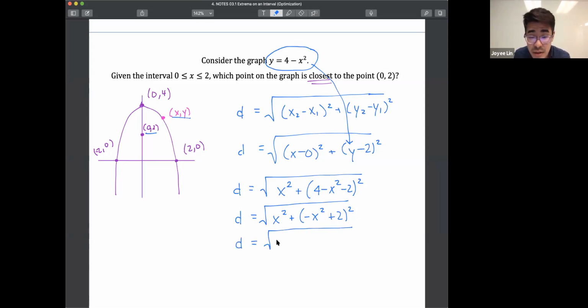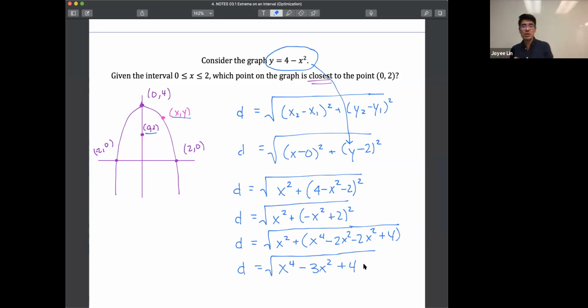And then this is x to the 4th, we FOIL, minus 2x squared minus 2x squared plus 4. So if I were to rewrite everything and simplify, it'd be x to the 4th, x squared minus 4x squared is negative 3x squared, plus 4. Yay, we finally found our distance in terms of one variable.